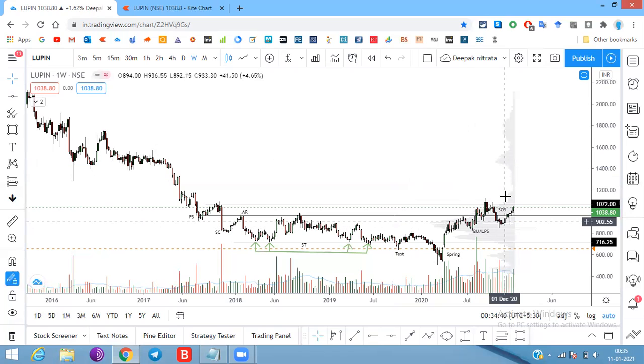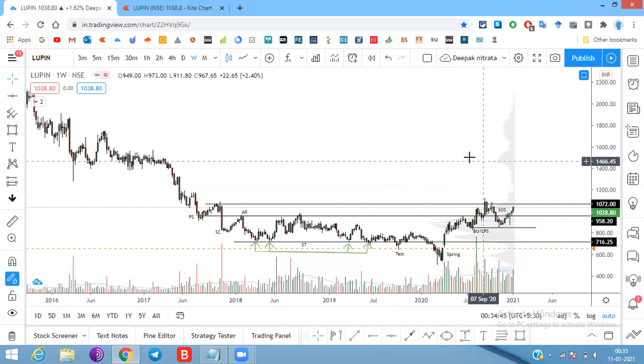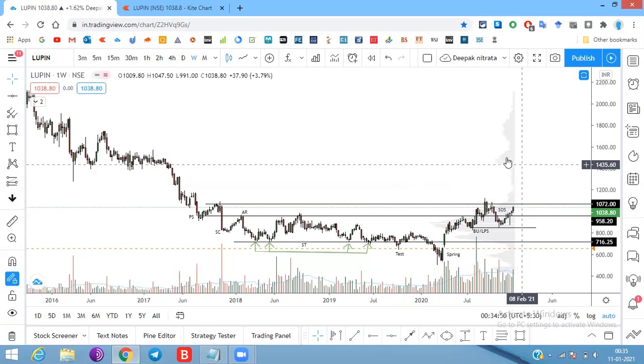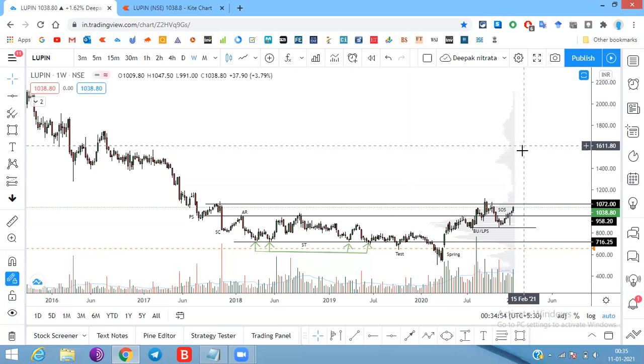So if the price breaks from this region to this region, it can surely consolidate, it can surely take some break here, and it can enter into the trend again.